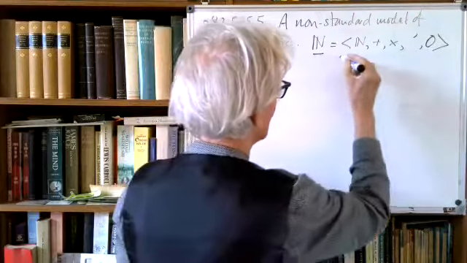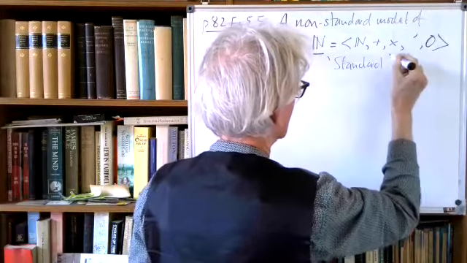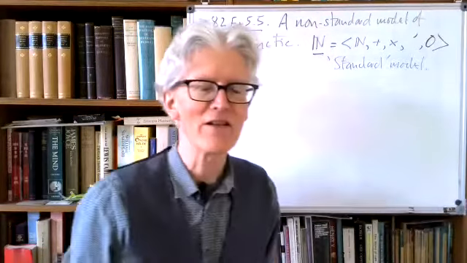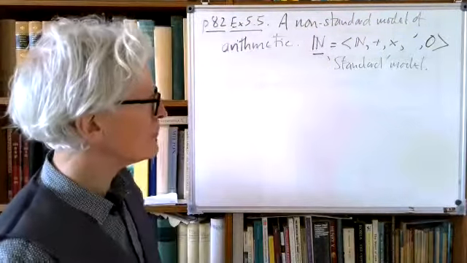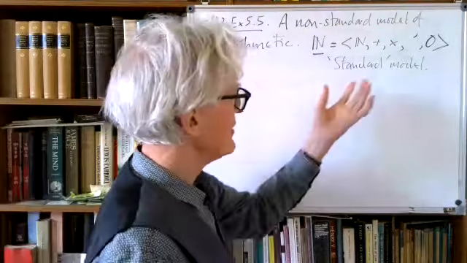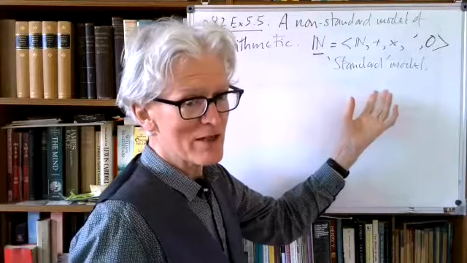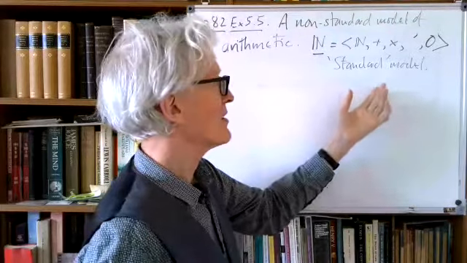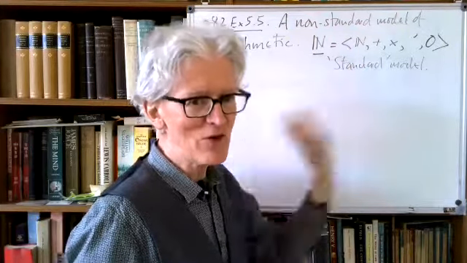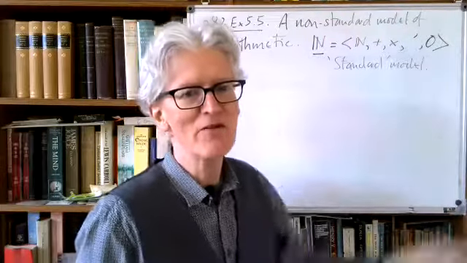So this is the standard model, sometimes called the intended interpretation. The compactness theorem is going to yield a model in which all the truths of arithmetic hold, but it will not be isomorphic to this. It will have non-standard elements, which we would say are elements at infinity.